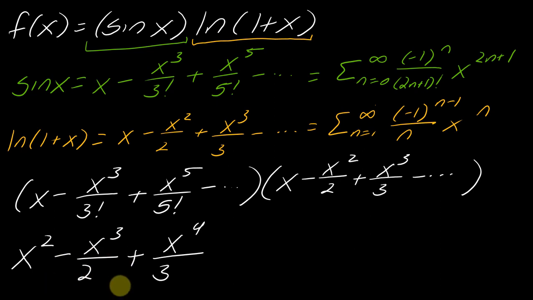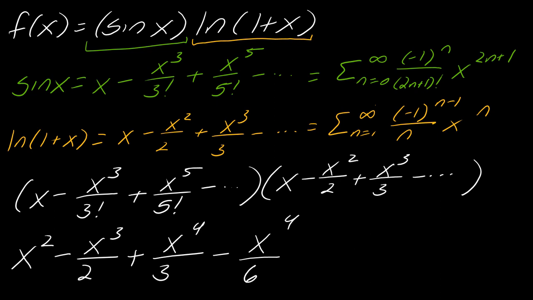Now I want to pivot to the next term. Notice what happens when I multiply out the next term. I'm going to take this times all of these. This gives me minus x to the 4th over 3 factorial, and 3 factorial is just 6.